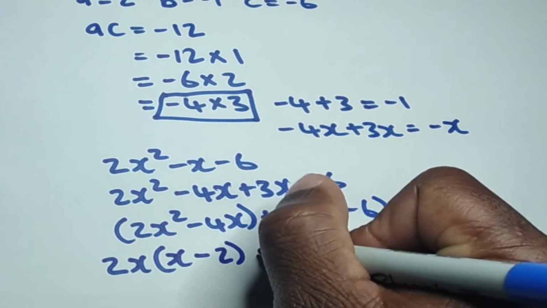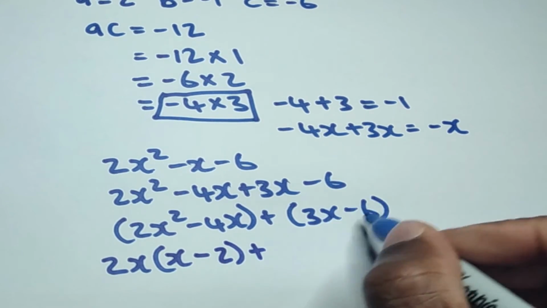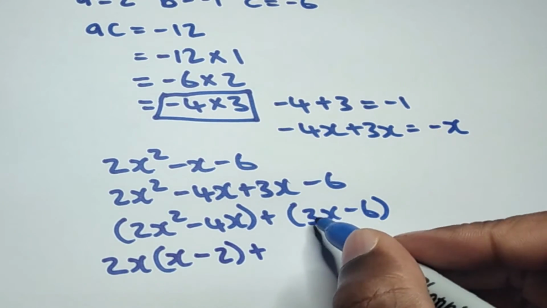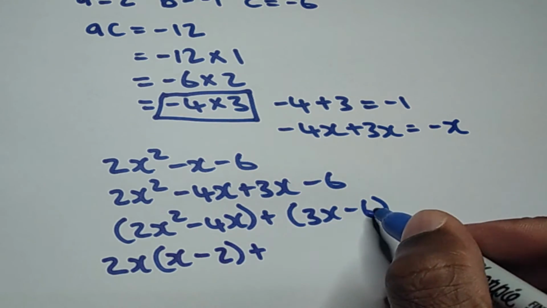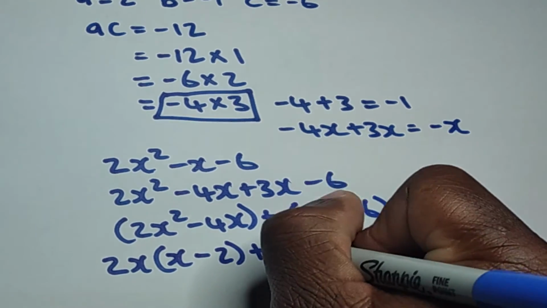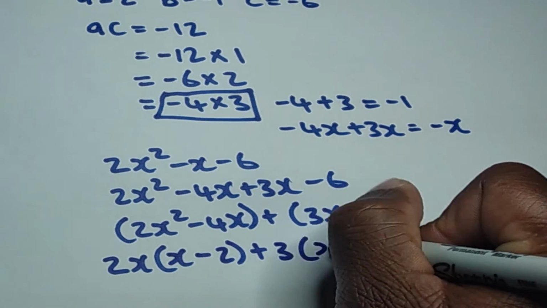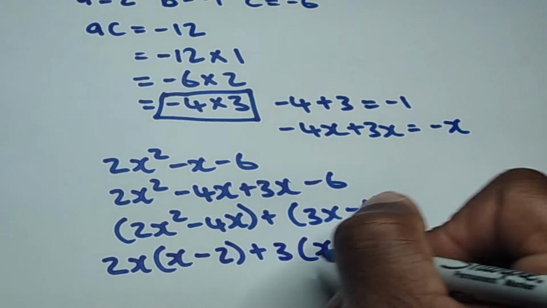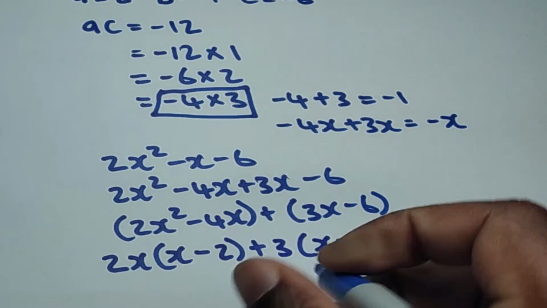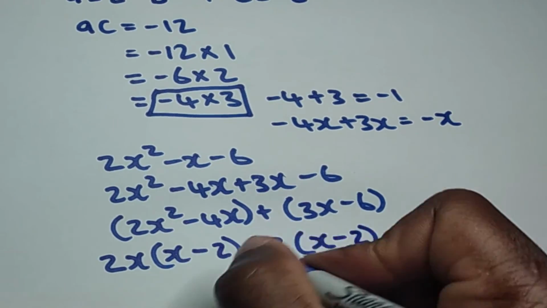Plus, what can we factor out of this now? What's the highest common factor for 3 and 6? Of course, that's 3. If we divide 3x by 3, we get x, and negative 6 divided by 3 is negative 2.